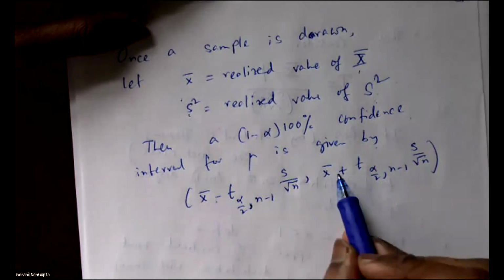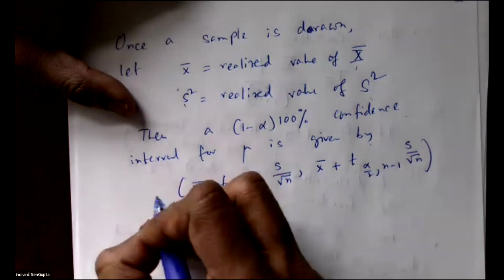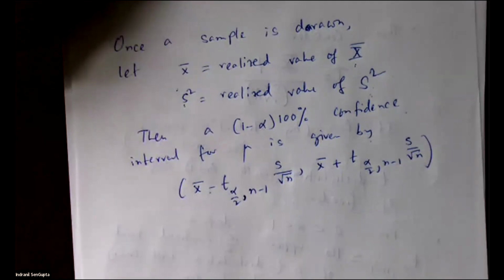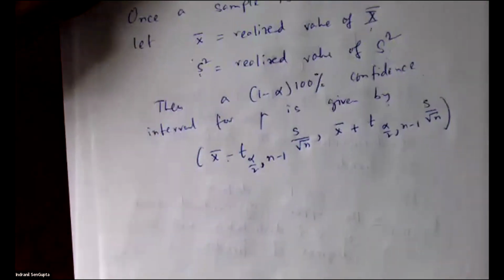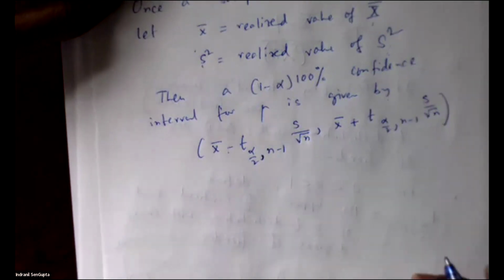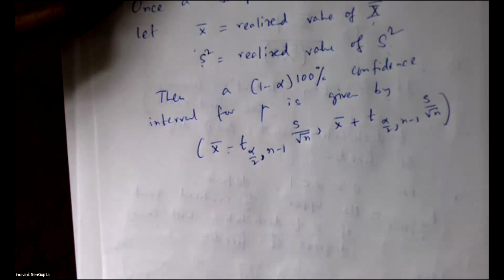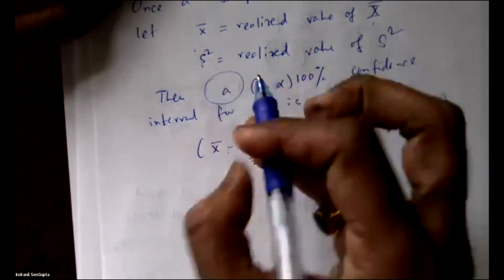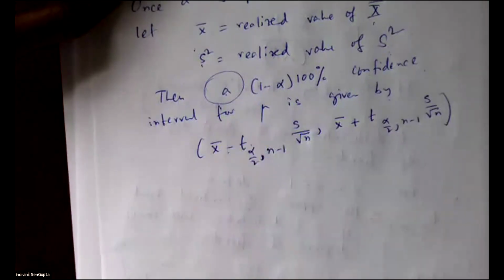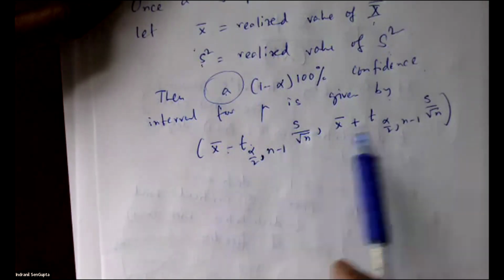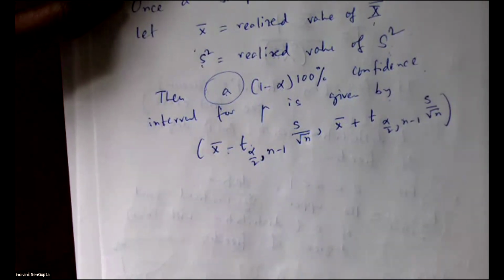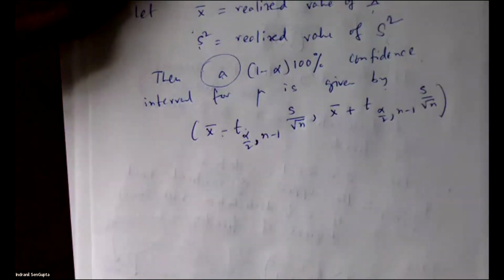I'm basically writing the previous expression, just replacing the big X bar with little x bar. So this is a minus sign and this is a plus sign. That's the only difference. This is the confidence interval based on a particular sample. If you have different realizations, these numbers will be different.